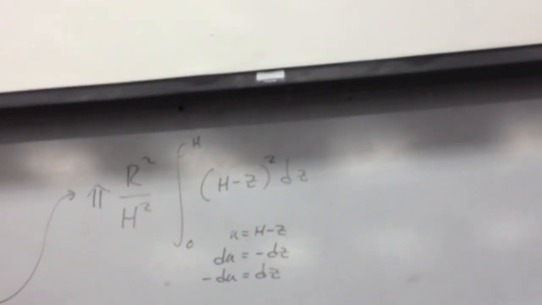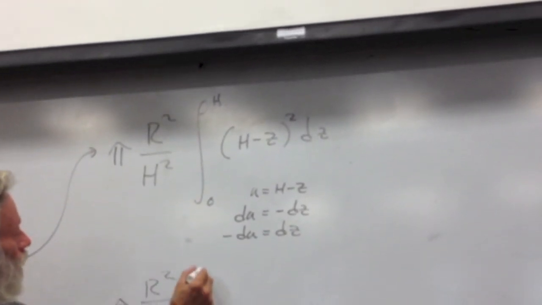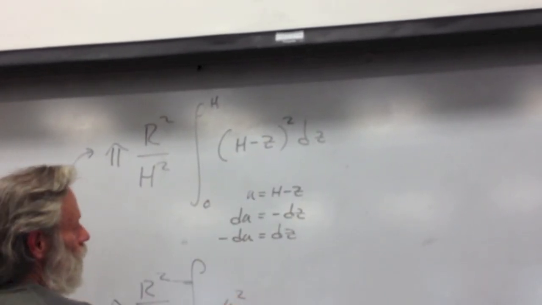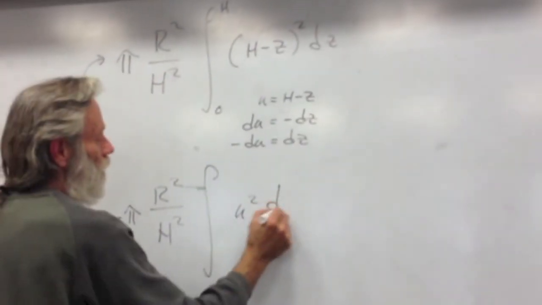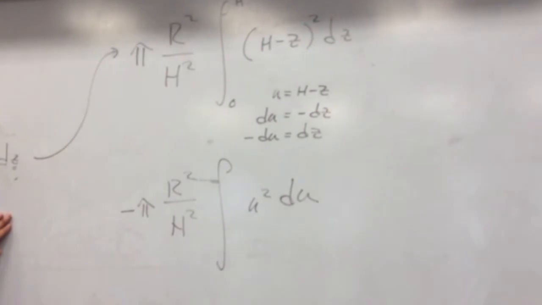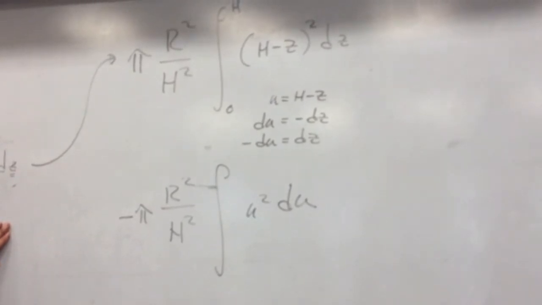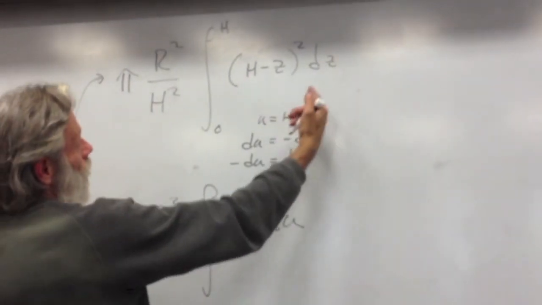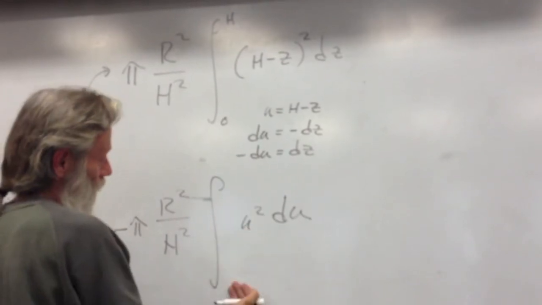So we then have pi r squared over h squared, integral, that's what I call u, so that's u squared, dz, and I get an extra negative with the du. I can change the limits of integration, that's something we haven't practiced much, but should. When I read this, I see z is 0 and z is h, and I need the corresponding values here.